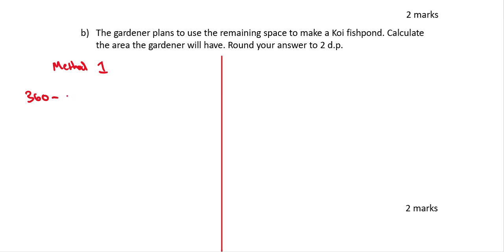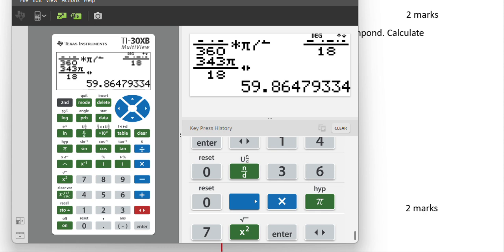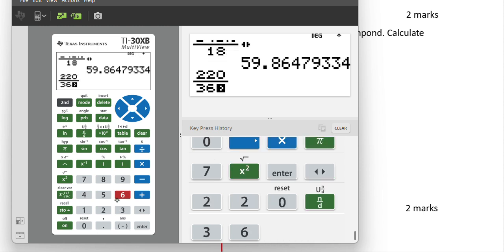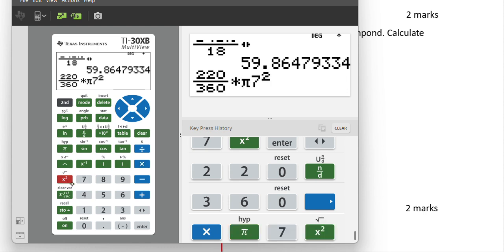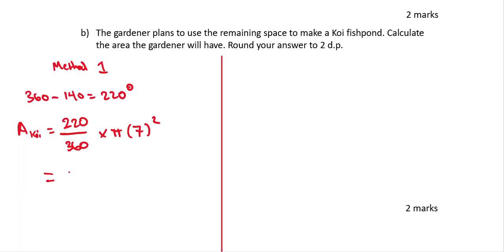So first off, you're going to do 360 minus 140, which equals 220 degrees. And then you just find the area of koi, which equals 220 over 360 times pi times 7 squared, which equals 94.07.